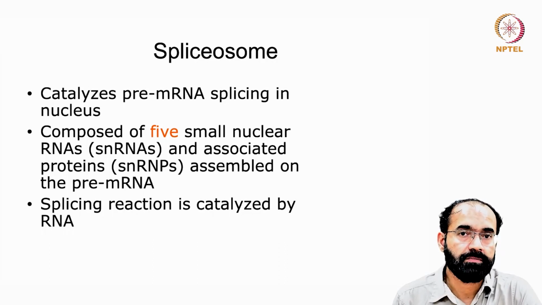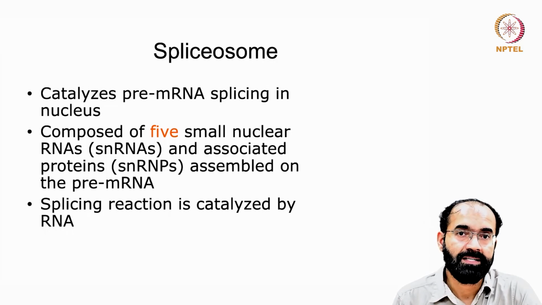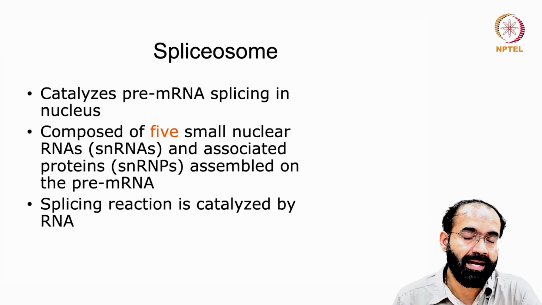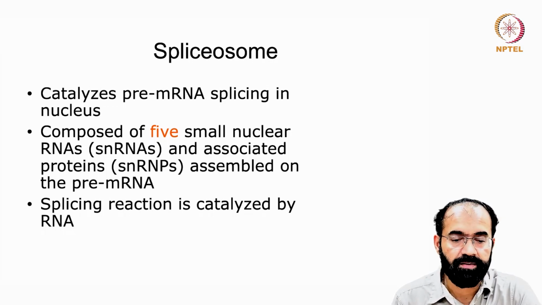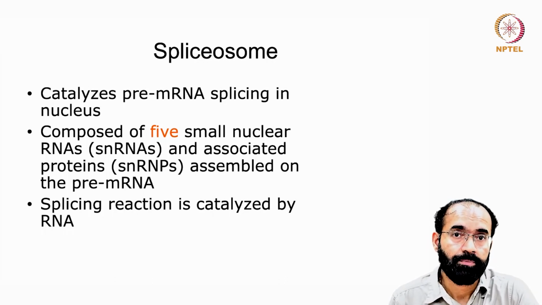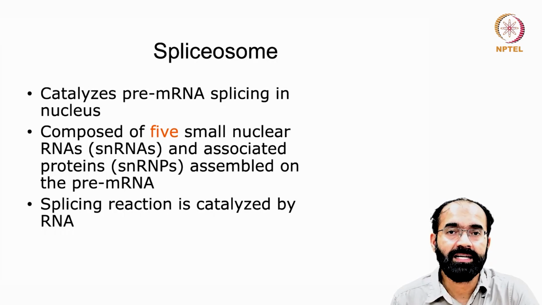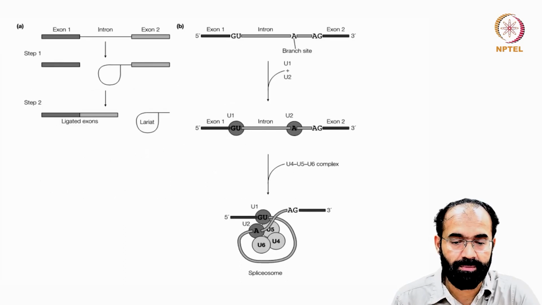Spliceosome is not present in a pre-made fashion. It is assembled, similar to how the different RNA polymerase subunits come one at a time. The same logic applies when you are talking about splicing also. The splicing reaction is catalyzed mainly by RNA, because the proteins mainly contribute to the stabilization of the spliceosomal machinery.